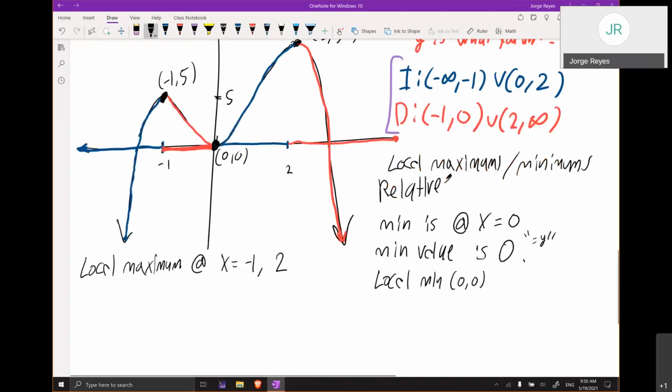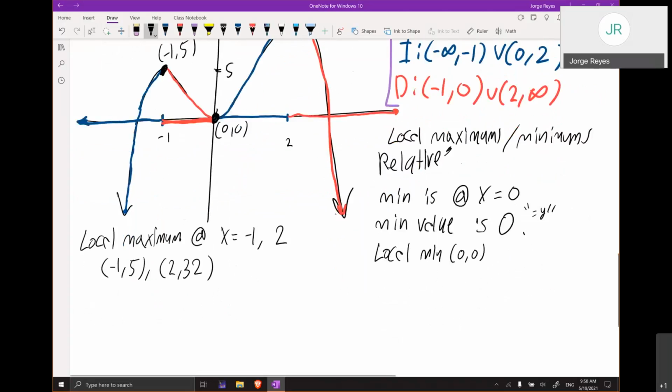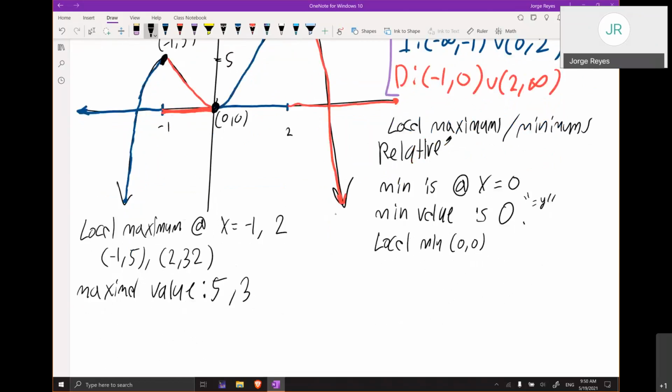Or local maximums are (-1, 5), (2, 32). But the maximum value, depending on which max you're talking about, the maximum value is 5 and 32.